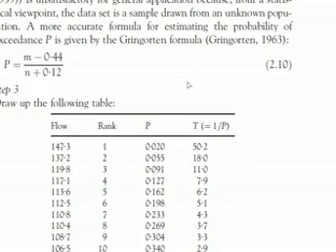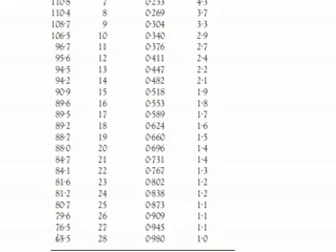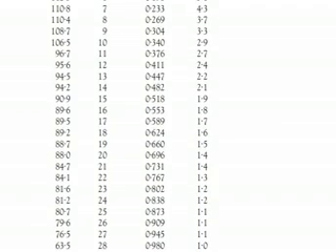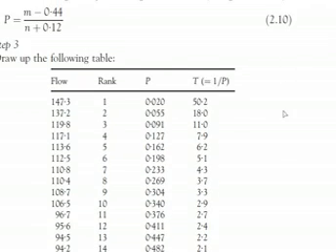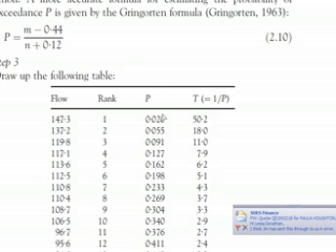The easiest way of doing that is to draw up another table. So here we've reordered it slightly. We've got the flows down here from the highest to the lowest. Then we have the ranking position from highest to lowest. And this allows us to calculate the value of P, the probability of exceedance, here.